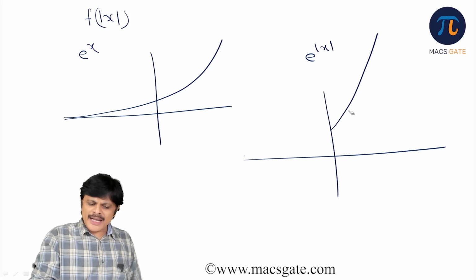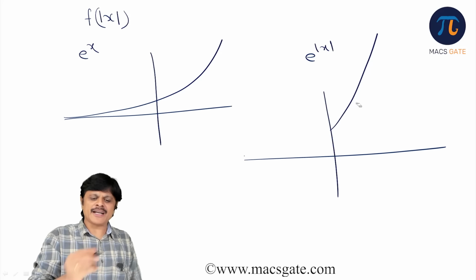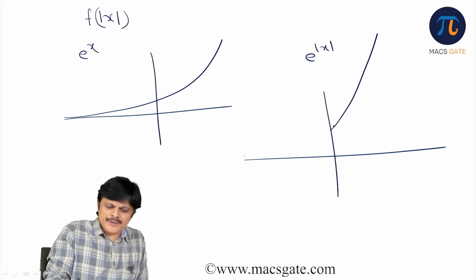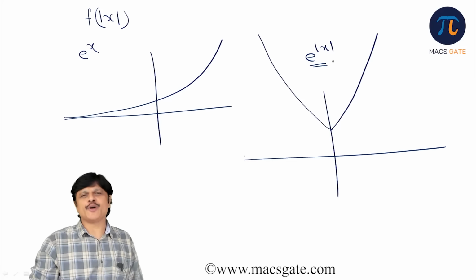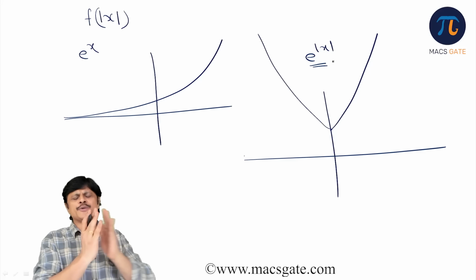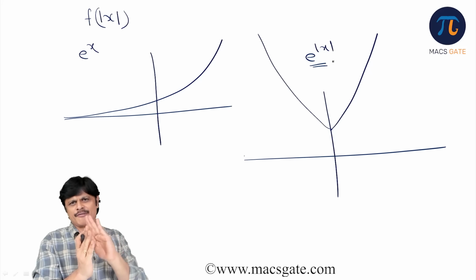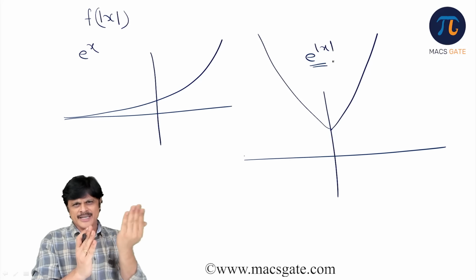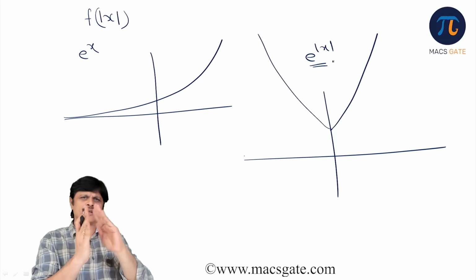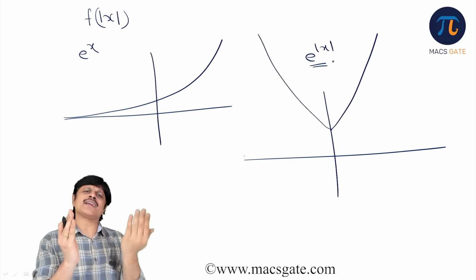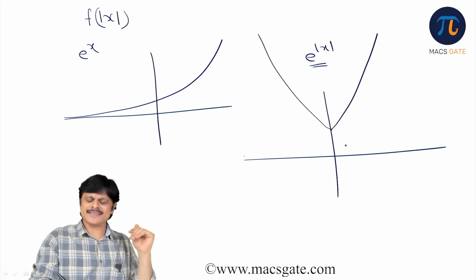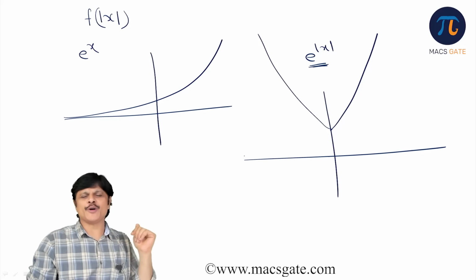Now whatever right side part of the y-axis graph is there, you reflect it about the y-axis. So this would be the graph of e power mod x. Same thing: remove the part on the left side of the y-axis, and whatever right side part is there, just reflect it about the y-axis. That would be the graph of e power mod x.